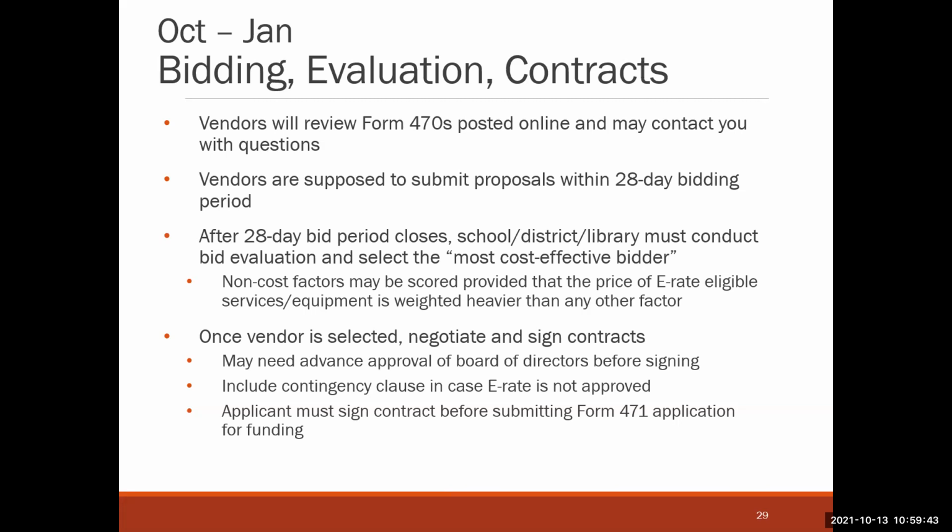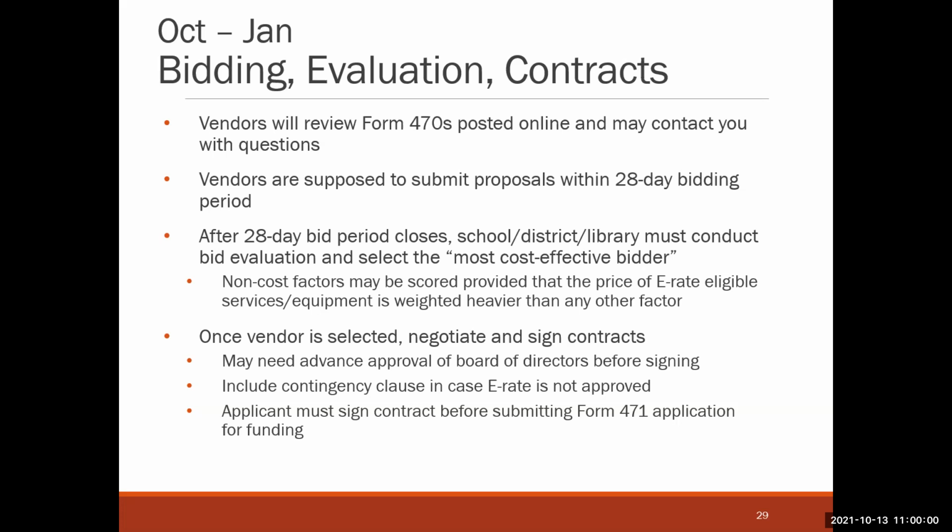So once you select your vendor, determine whether you need a contract, and if you need a contract, whether it requires board approval. I do recommend that you include the contingency clause language in case you don't get E-rate approval.